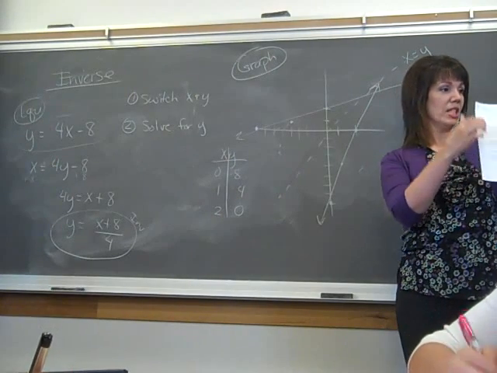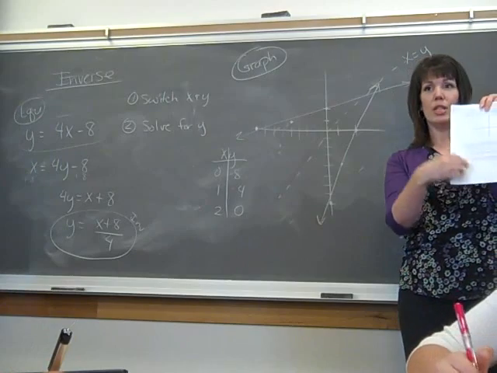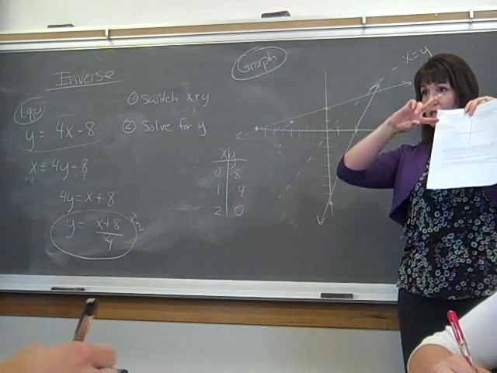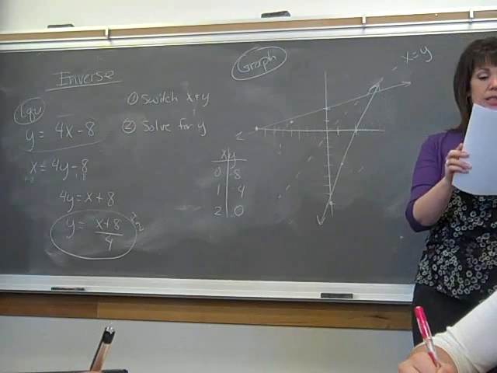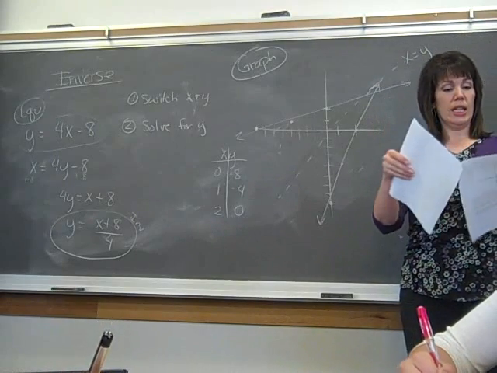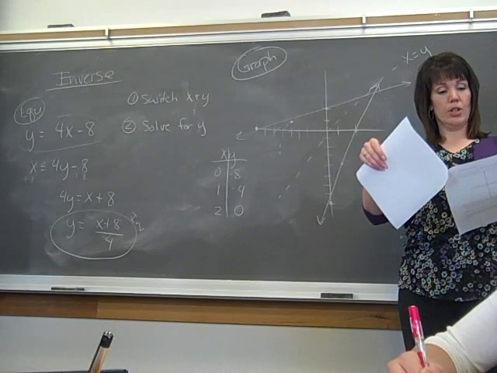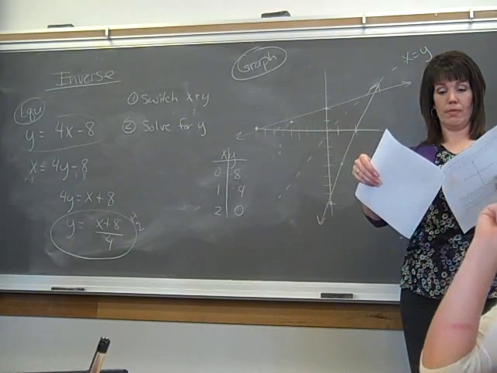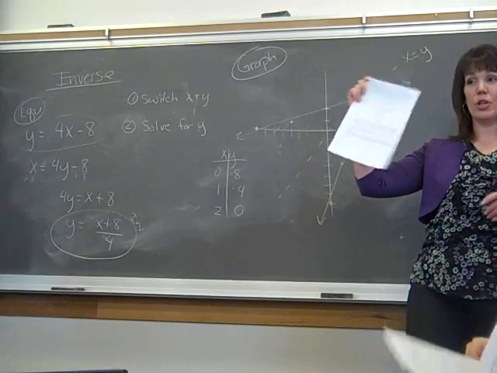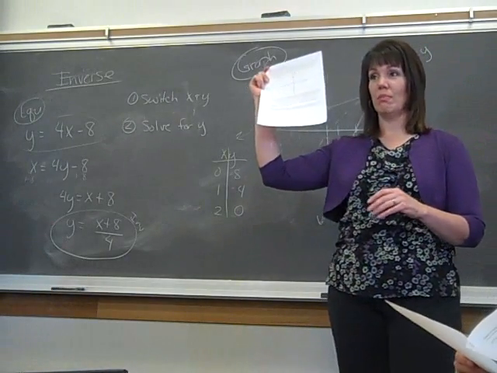Down here, remember you just take little tiny steps all the way through. So when you find the inverse, you're just going to switch your x and y values. You're switching your domain and your range. And I think it's pretty easy to get through. So I am going to move on just because this is not hard. Okay? And if you have questions for me next week, I will answer them on this sheet.